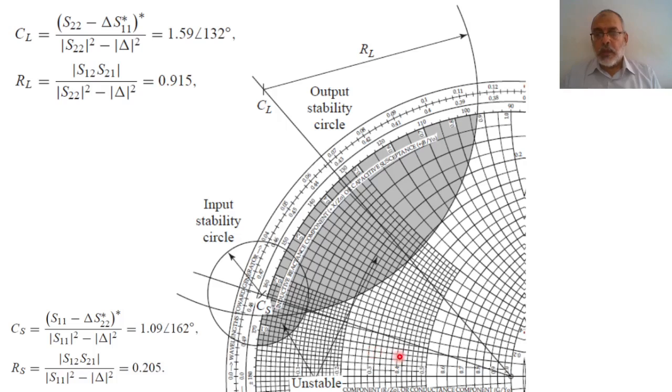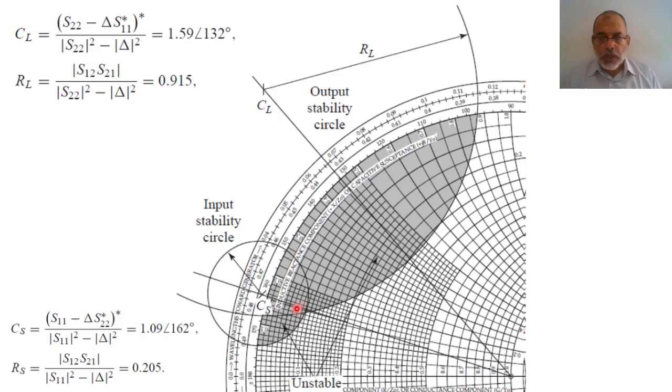This means that outside this gamma source circle, gamma output is less than unity, and inside the gamma source circle, gamma output would be greater than unity. This means that the values of gamma source outside the circle correspond to a stable amplifier, and the values of gamma source inside the circle would be an unstable amplifier.